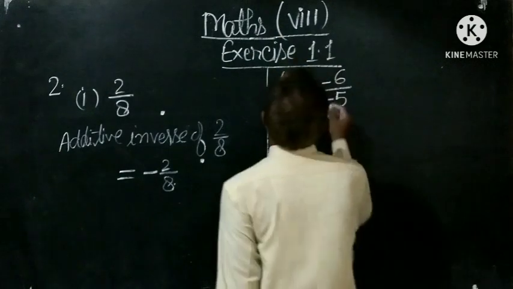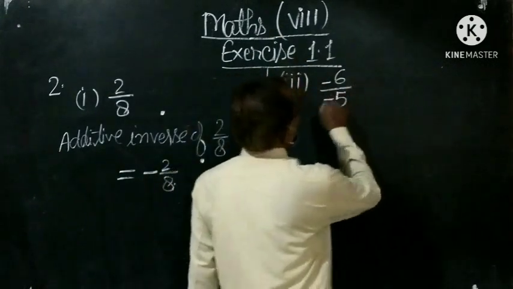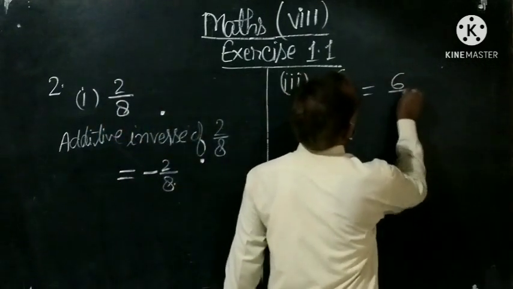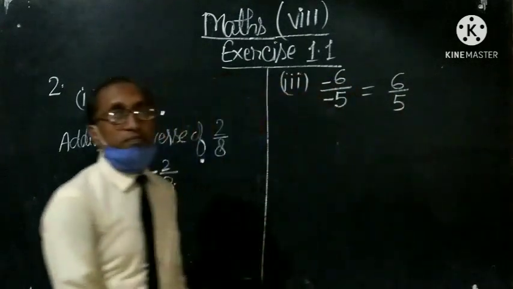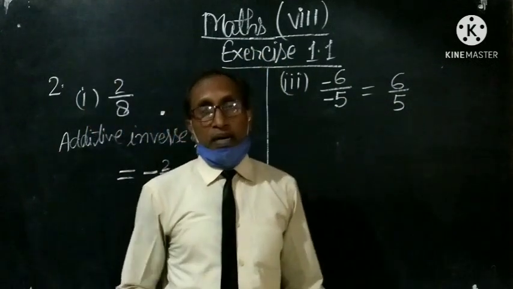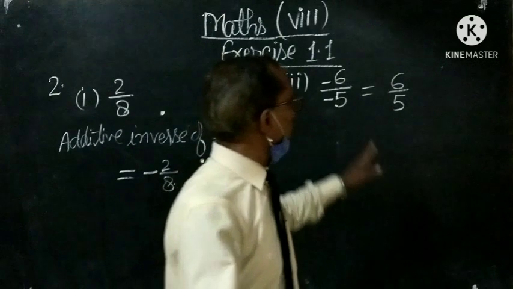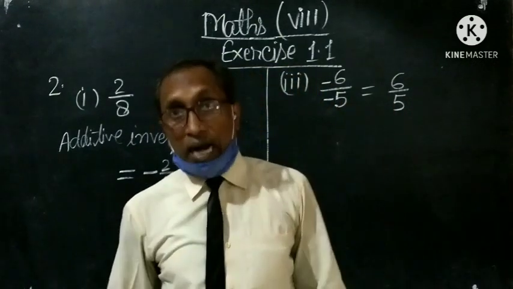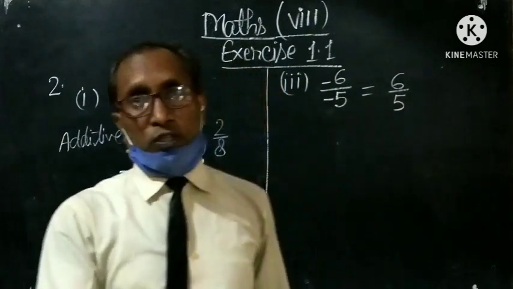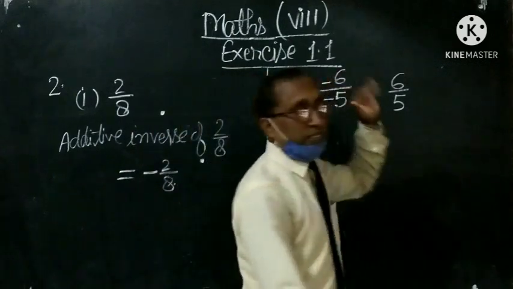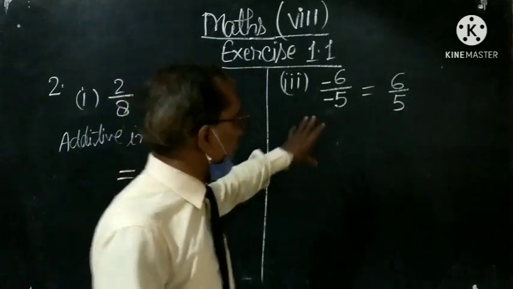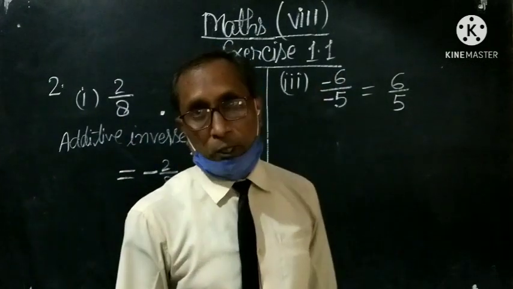Like here, the additive inverse of minus 6 upon minus 5: because both numerator and denominator have the same sign, they cancel each other, so it is a positive rational number. And when you want to write the additive inverse of this rational number, you get minus 6 upon 5, the negative of this rational number.